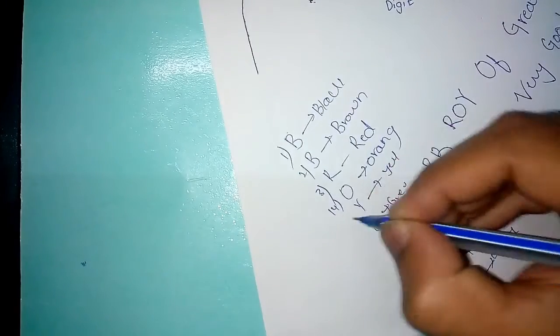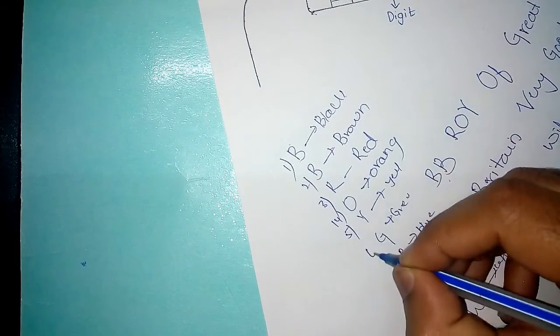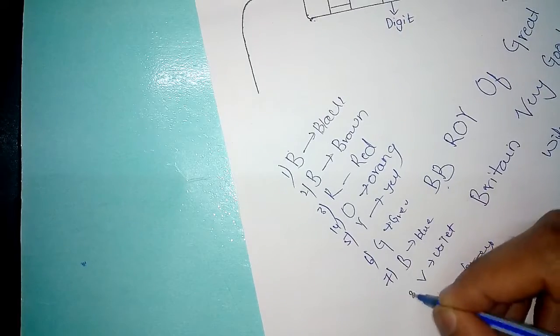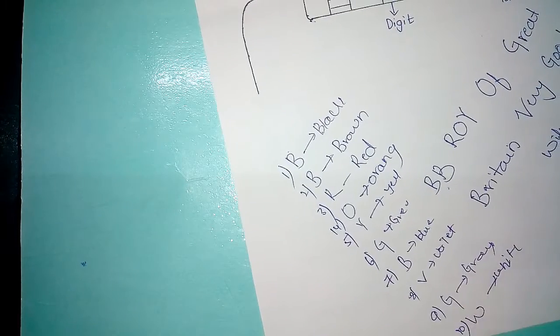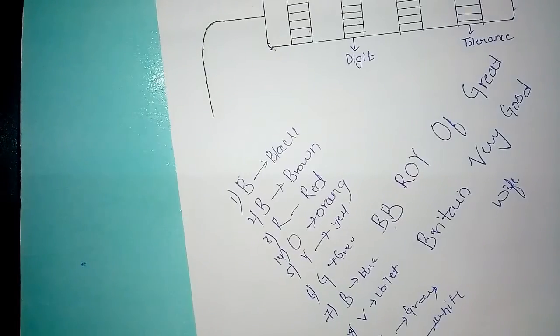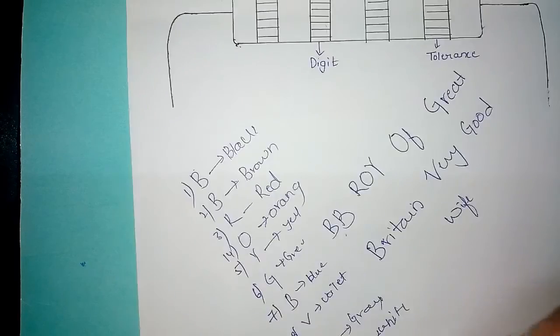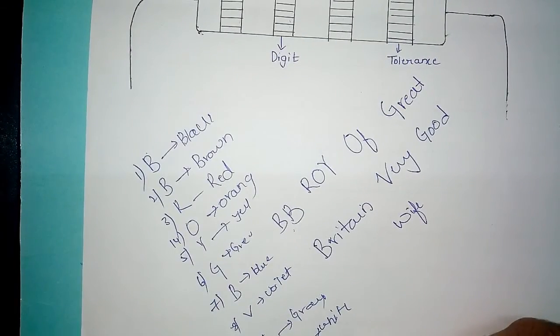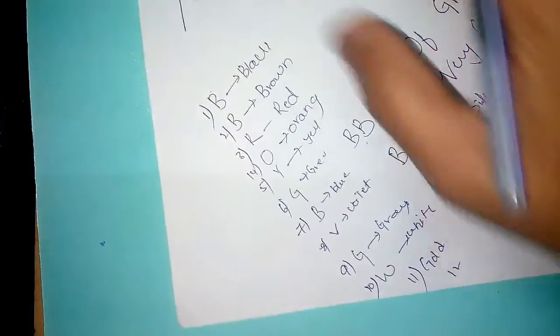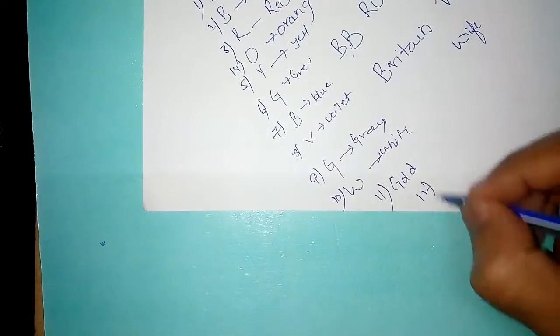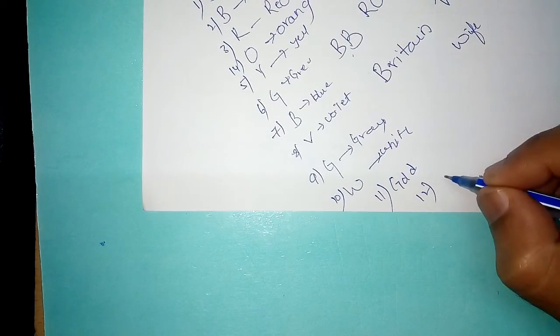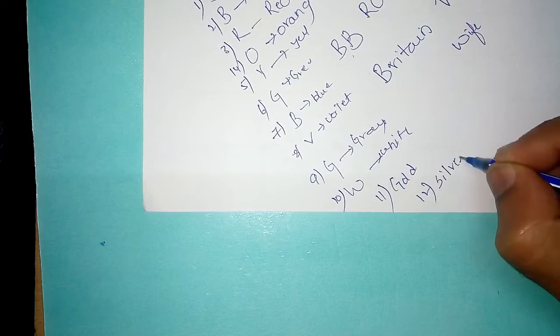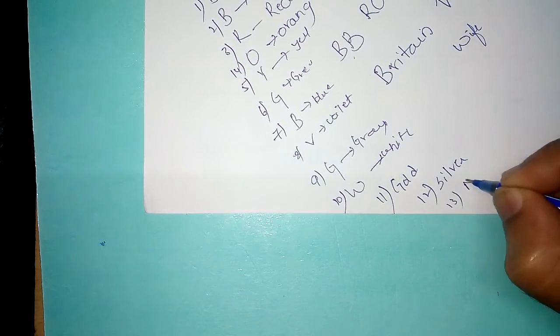So 1, 2, 3, 4, 5, 6, 7, 8, 9, 10. There are further three options which we consider, like the 11th one is gold, the 12th one is silver, and there is no color option also.